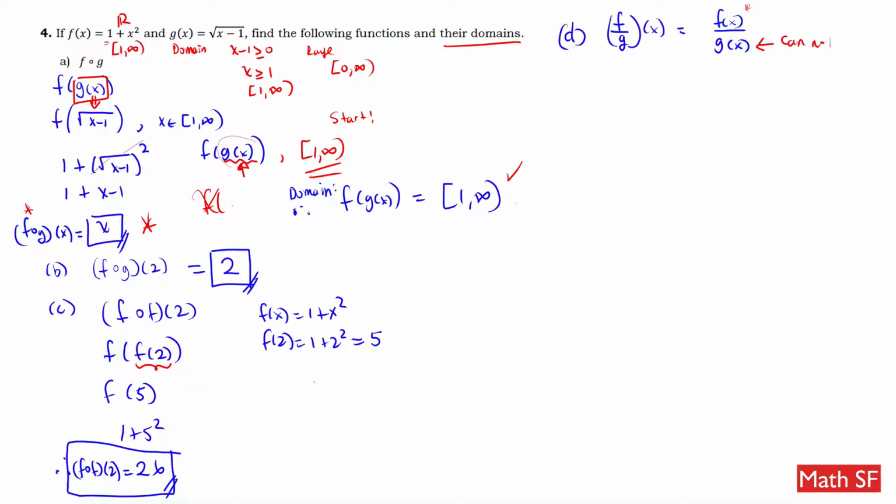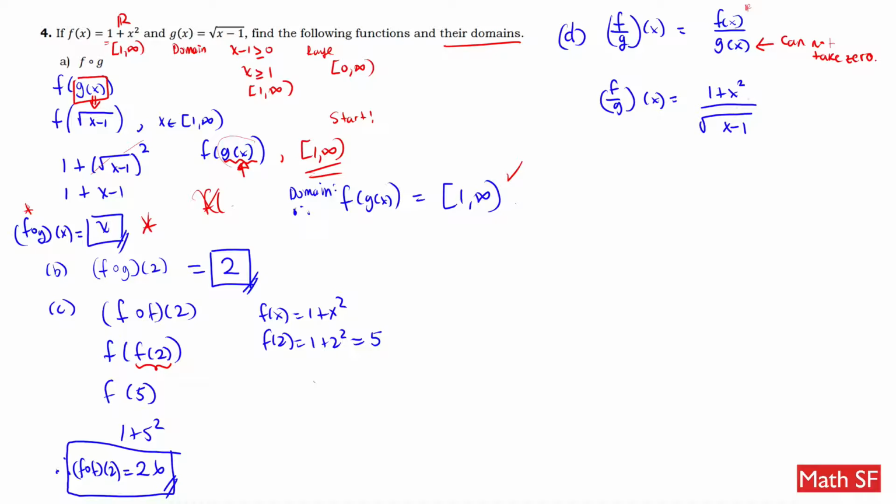We have to look for the value that will make it 0. So we have to be very careful on that one. Let's keep looking for the function though. F of x is 1 plus x squared over the other one, which is the square root of x minus 1.